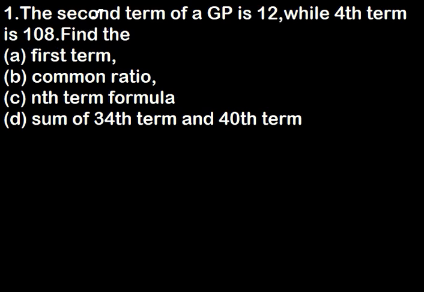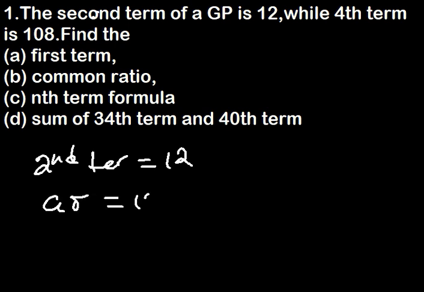So you should understand that, as the question suggests, we are given the second term. The second term is given as 12, and the formula for the second term is AR, so AR is equal to 12.